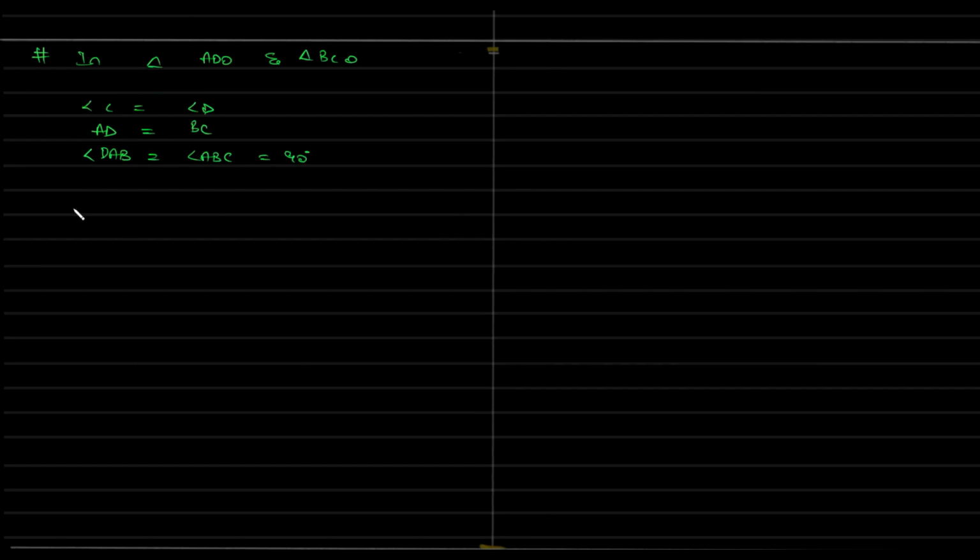We're just writing this down, then we'll conclude. Therefore, by ASA, angle, included side and angle congruency, triangle ADO is congruent to triangle. Here the order is important.